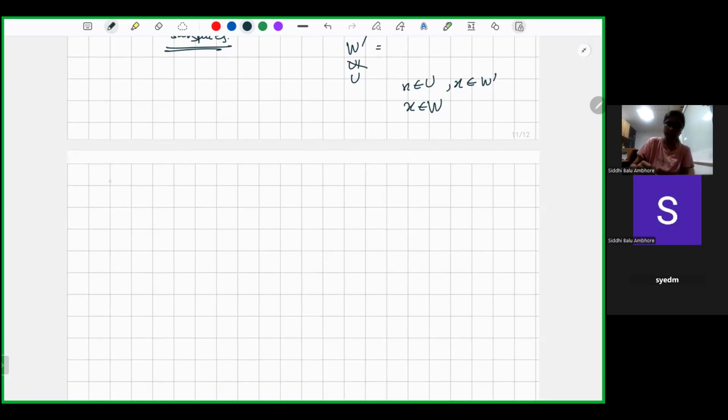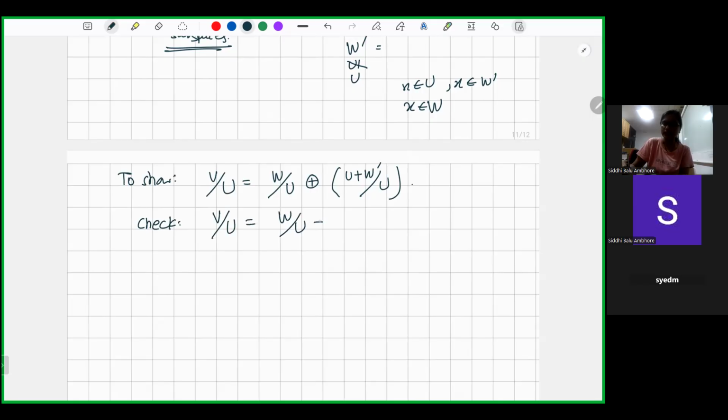So we have to show that V quotiented by U is the direct sum of these two. This is what is asked to prove. So to do this, we first check that V quotiented by U is at least the sum of these two elements, okay?